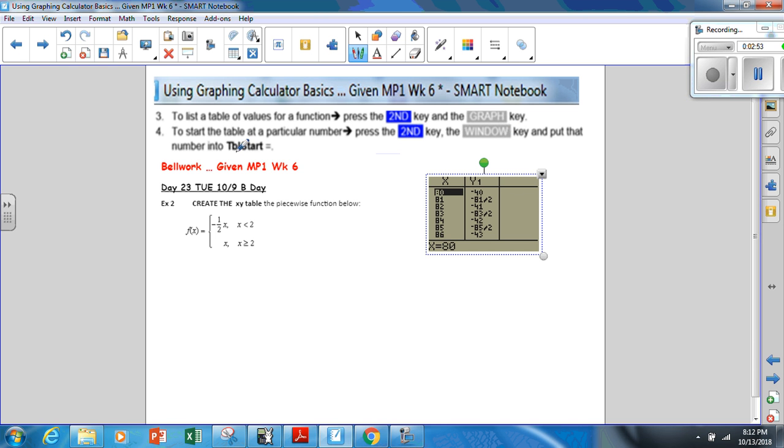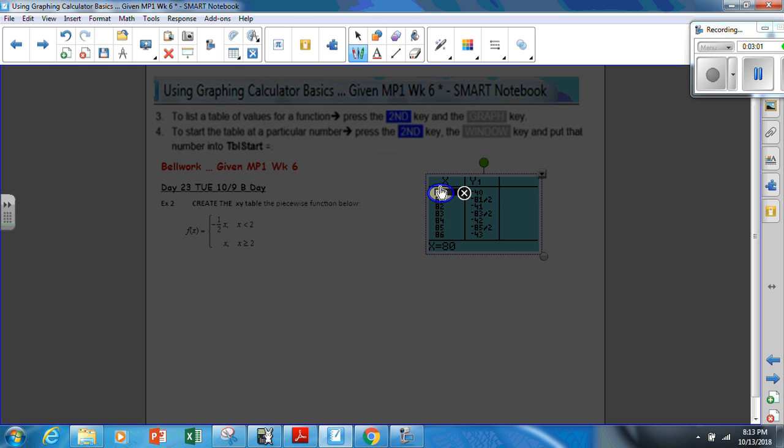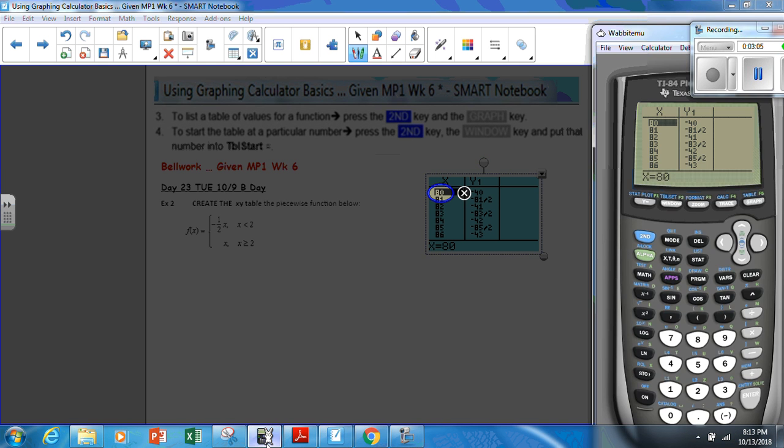Well, I could probably just scroll down to 20, but there's an easier way. So what we're going to do is hit second, second window, okay, and at the table start, I want to put 20. I hit enter, and then I hit second graph again.